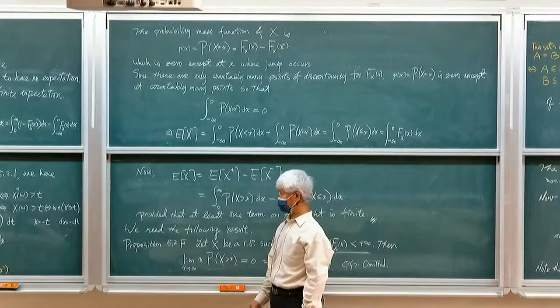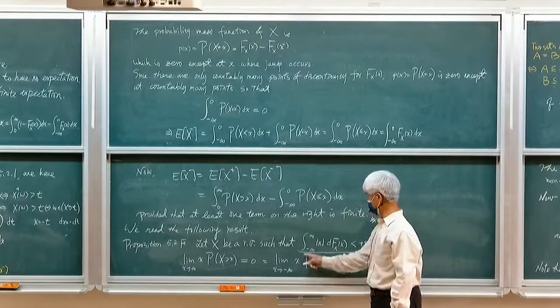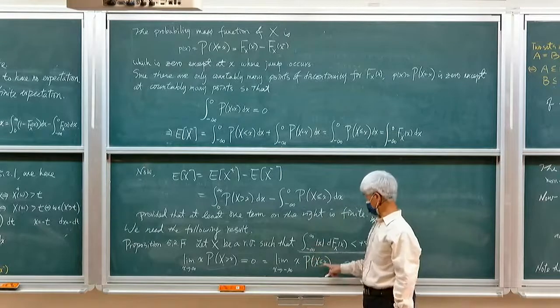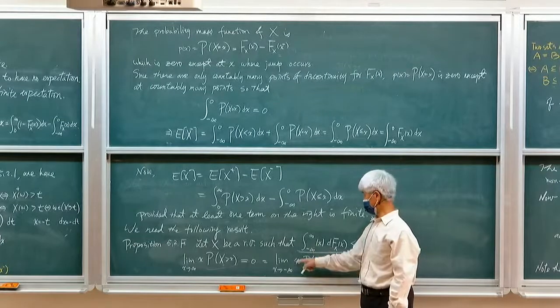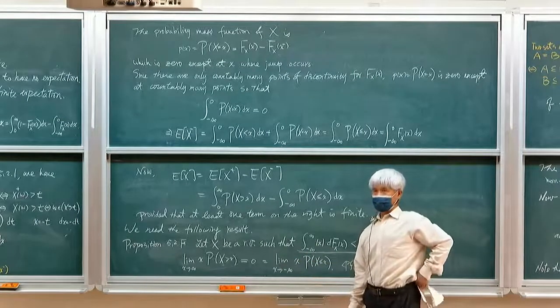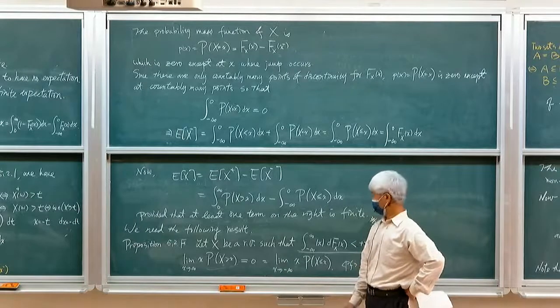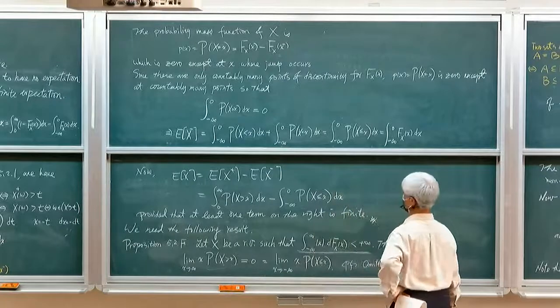Similarly, the CDF goes to 0 as x goes to minus infinity, faster than 1 over x.